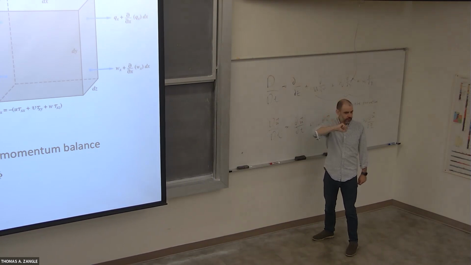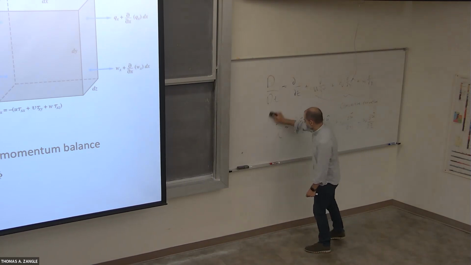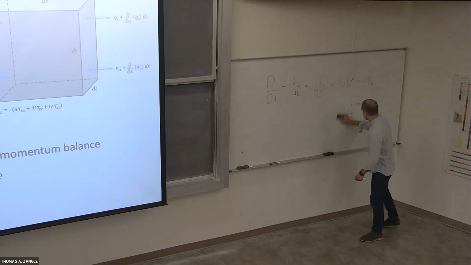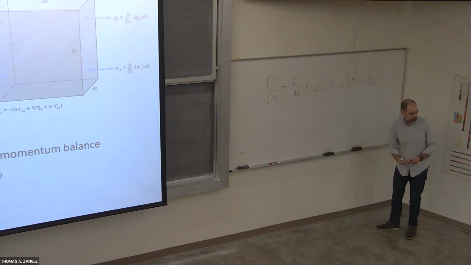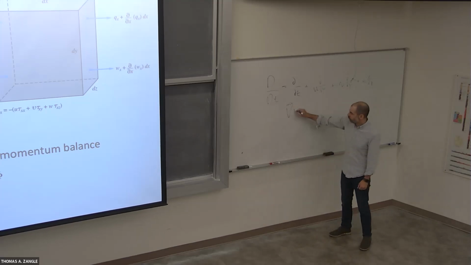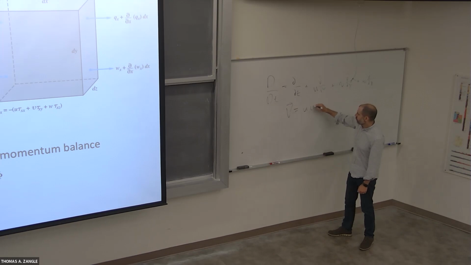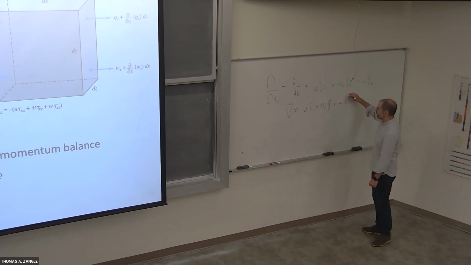That's really three expressions: one for x, one for y, and one for z momentum. Let's say our vector velocity v, we can write it out as the x component times i hat plus the y component times j hat plus the z component times k hat.